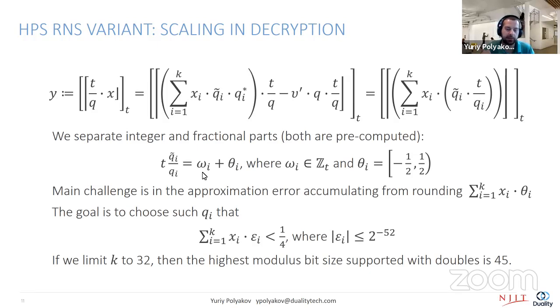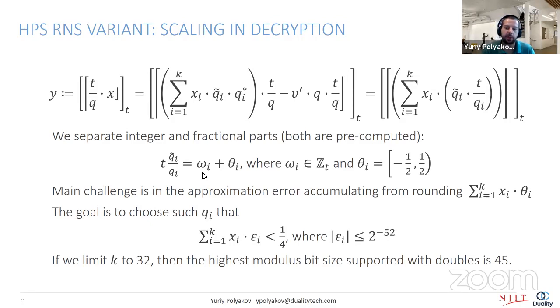We substitute these numbers, and we do certain precomputations. At the precomputation stage we use some larger numbers, but during the main computation of decryption we don't. And we're able to avoid the use of any multi-precision arithmetic in the main computation. There is a challenge, though.